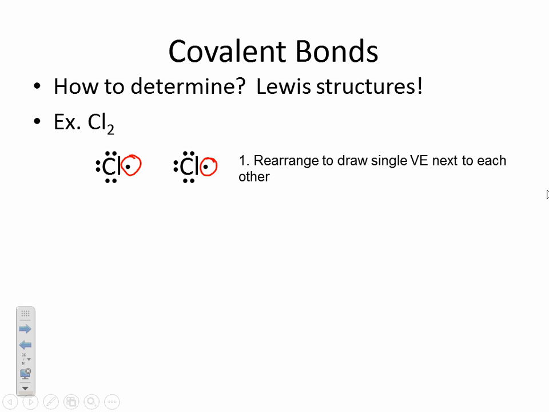And we want to just rearrange our drawing so that all our single electrons are facing one another. Now for this drawing, really what that means is that we can literally swap the single valence electron being on the right side here to putting it on the left and having that double be on the right side instead. That way the single ones, they're facing one another. So just like that, right? All you're doing is sort of redrawing those 7 valence electrons.